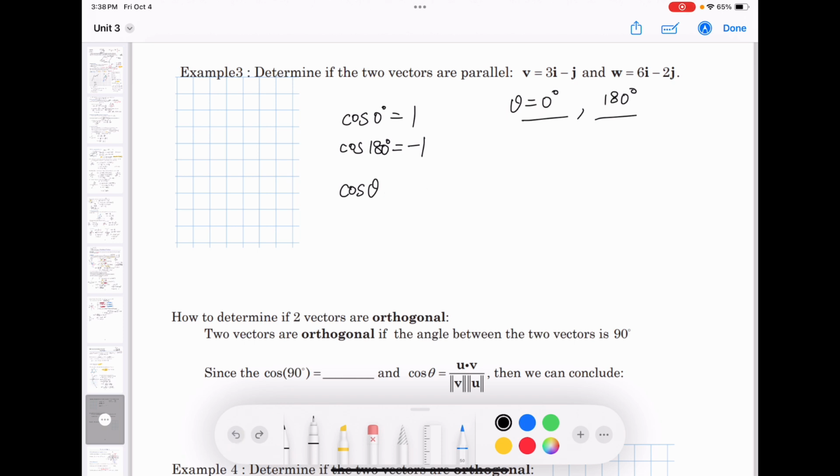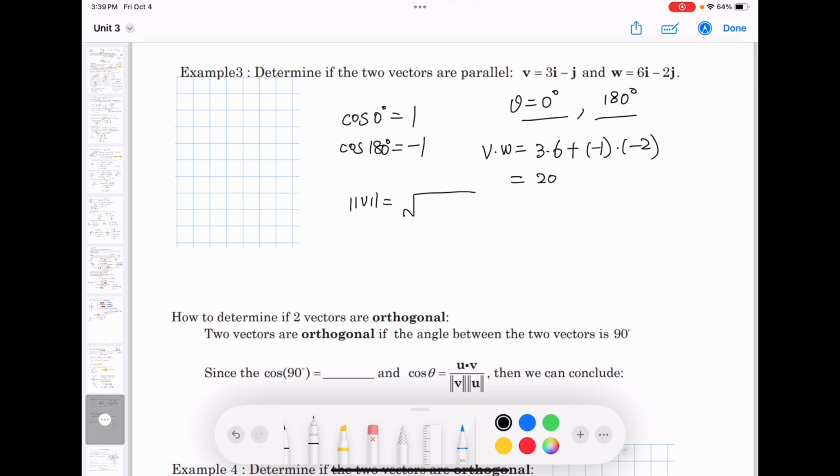So before that, let's find the dot product and then plug it into the formula. So v dot w is equal to 3 times 6 plus negative 1 times negative 2. So it's 18 plus 2, which is 20. So v dot w is 20. And we are looking for the magnitude of v and the magnitude of w.